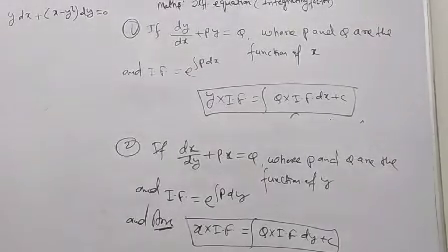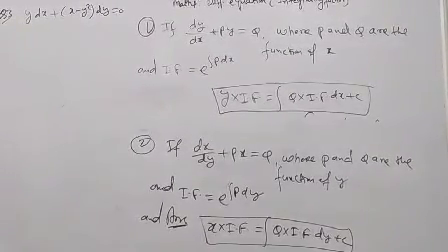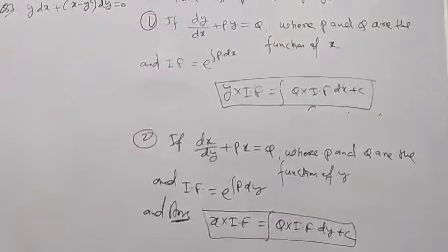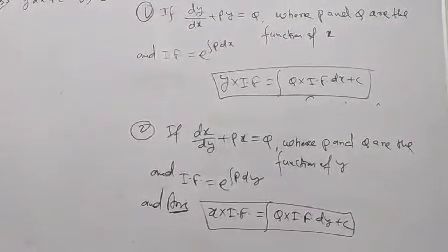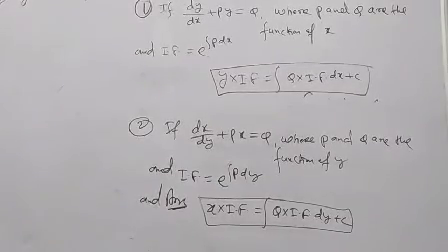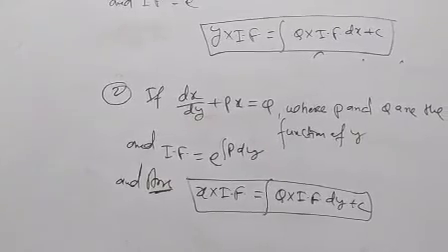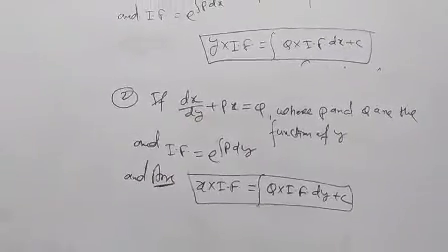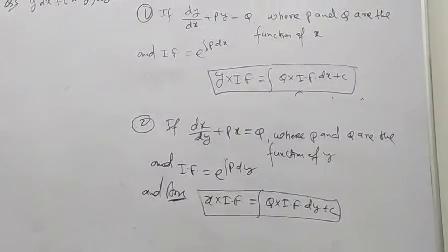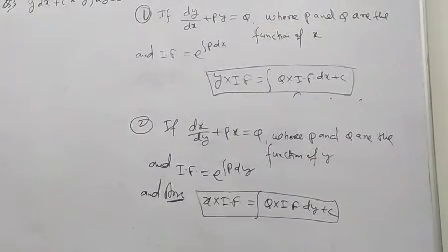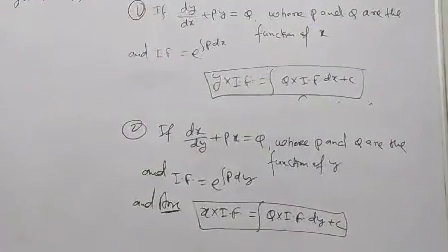But in the second part, only change the values of y and x, means replace x by y and y by x. Then the required answer is x into IF is equal to integral of Q into IF dy plus c. I am going to tell one other question, a second example based on the second formula.